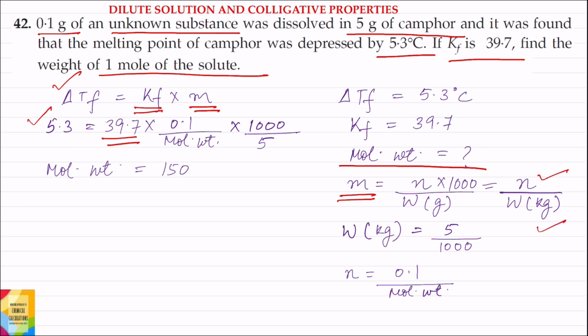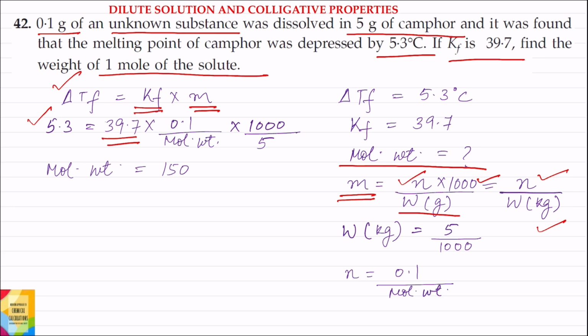In case the weight of solvent is given in grams, then the formula becomes number of moles divided by weight of solvent in grams into 1000. When we divide the weight of solvent in grams by 1000 to convert it into kgs, this 1000 goes into the numerator and the formula becomes number of moles of solute into 1000 divided by weight of solvent in grams.